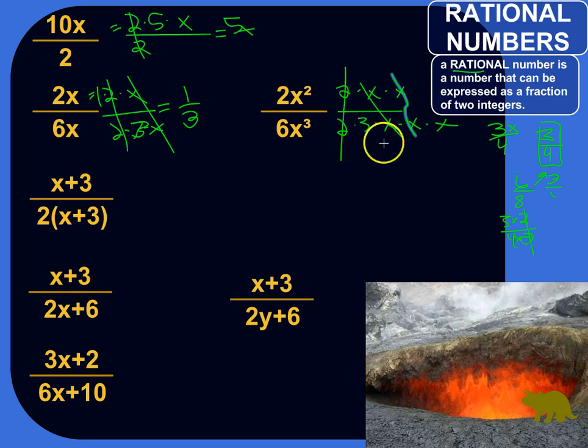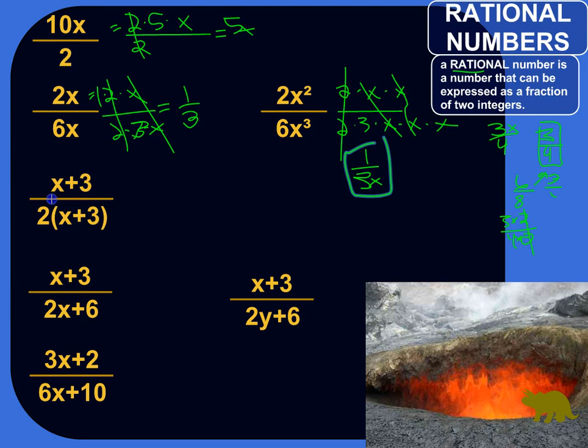So all that I have left in the numerator is a 1. All that I have left in the bottom is a 3 times the x. So this is 1 over 3x. All right, going okay so far? Okay, now let's look at something that's a little bit more complicated, although not really.